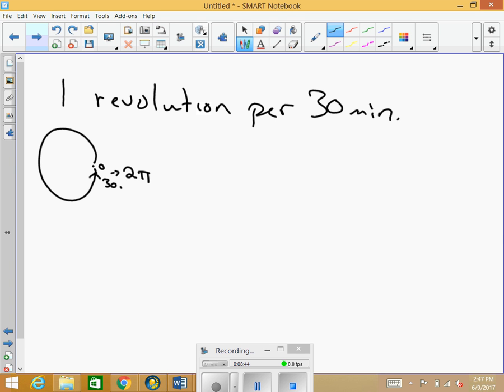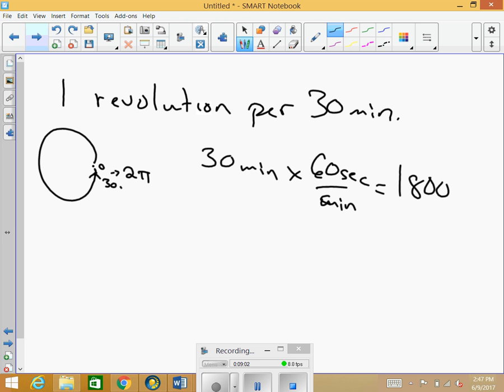So the first question is, what's the angular velocity in radians per second? First thing I do is convert. 30 minutes times 60 seconds per minute gives me 1800 seconds. My angular velocity is going to be my angle in radians over time.